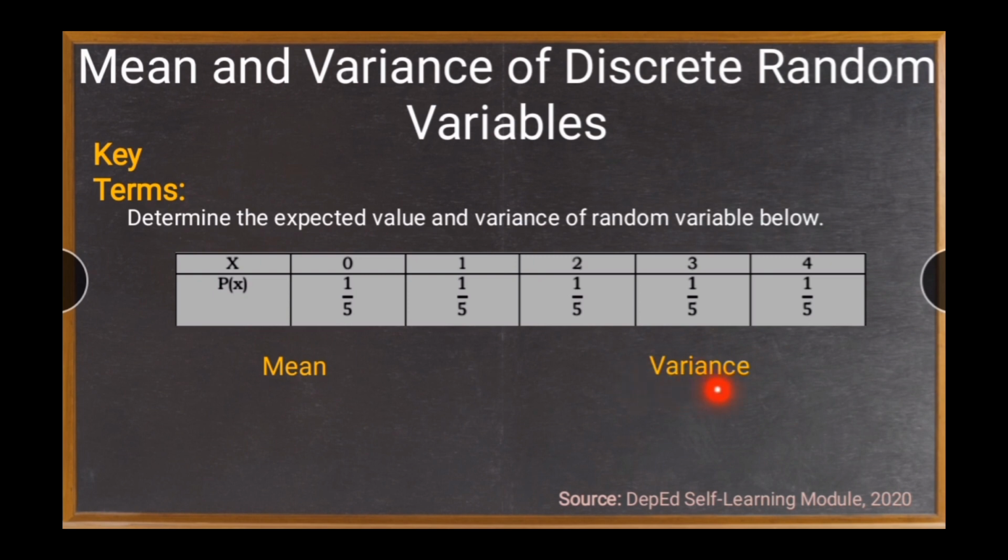Variance, together with the standard deviation, are two values that describe how scattered or spread out the scores are from the mean value or expected value of the random variable.